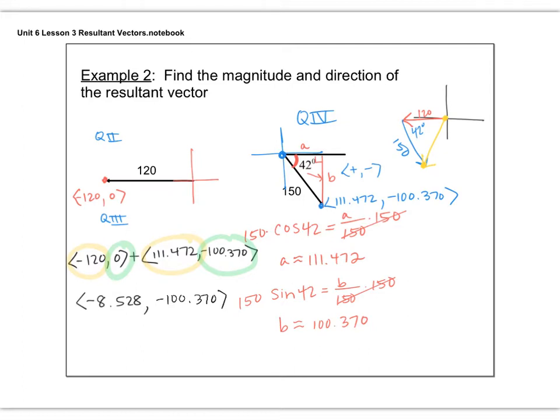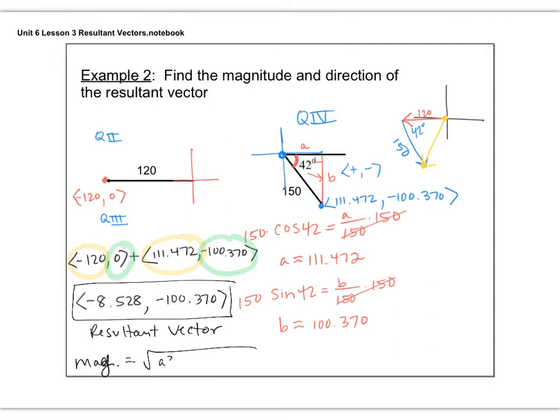So we have our resultant vector. We have the component for that. Remember, how do we find the magnitude? So I'm just going to write this down. This is our resultant vector, so we can keep track. Gets to be a lot of work on the page. Well, remember, to find the magnitude, you're going to take the square root of a squared plus b squared.